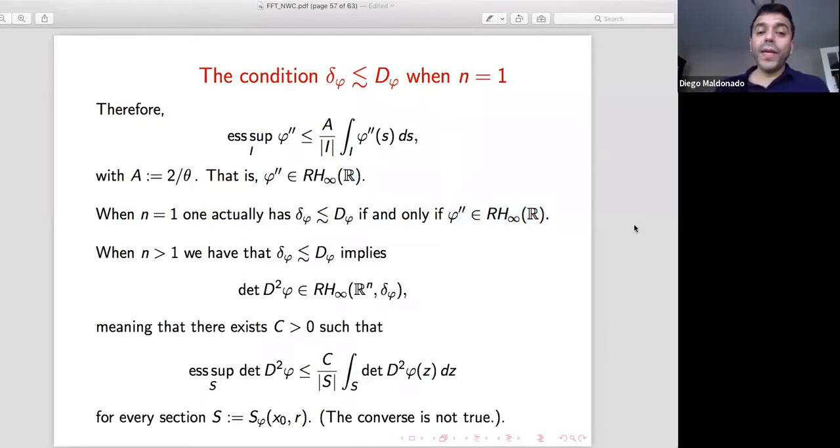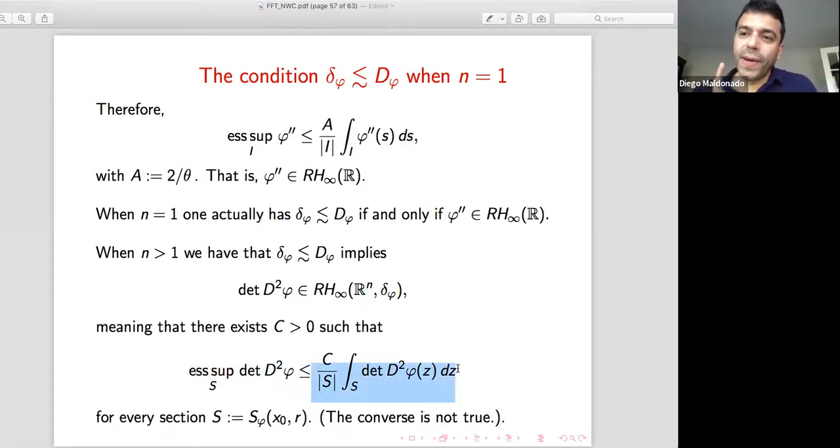But when n is bigger than 1, we have an implication. When n is bigger than 1, the condition implies that this weight, the determinant of the Hessian, will be in this reverse Hölder class. Meaning that the supremum of the determinant of the Hessian is going to be controlled by the average of that determinant.